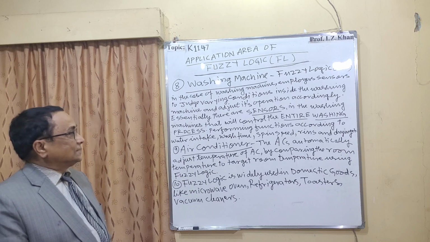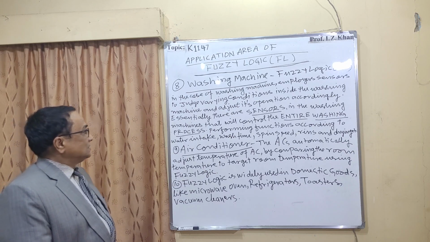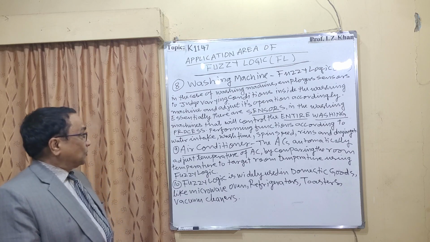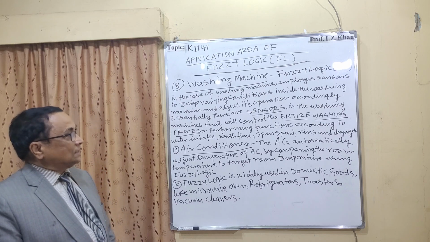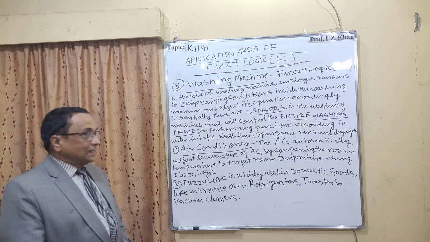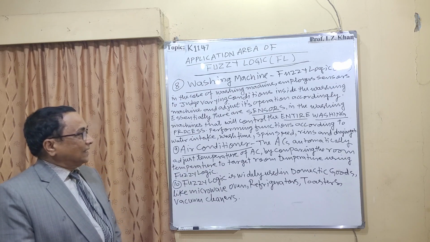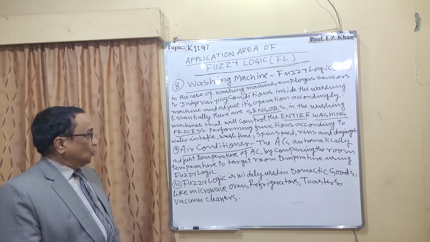Essentially, there are sensors in washing machines that control the entire washing process, performing functions according to water intake, washing time, speed, rinse and drying of the clothes.